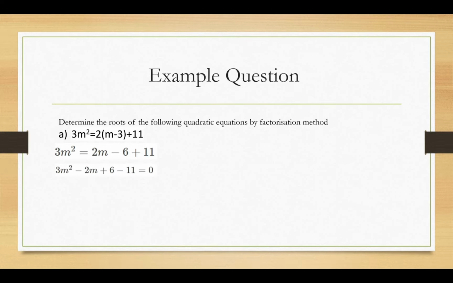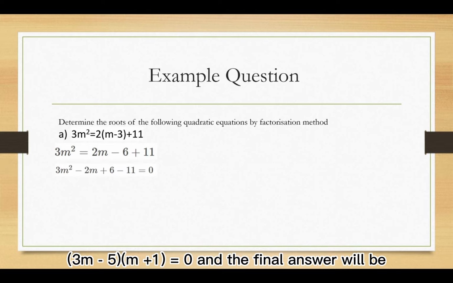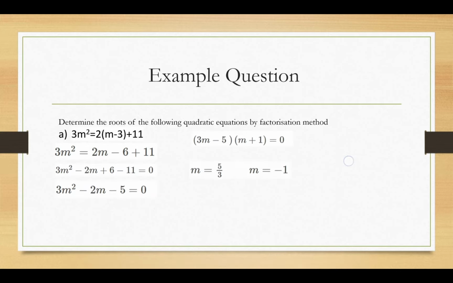And after that, 3m squared minus 2m minus 5 equals to 0. And lastly, 3m minus 5 times m plus 1 equals to 0. And the final answer will be m equals 5 divided by 3, and m equals to -1.